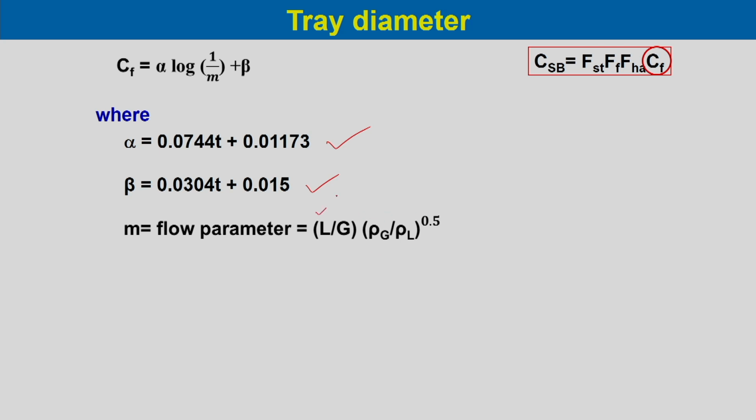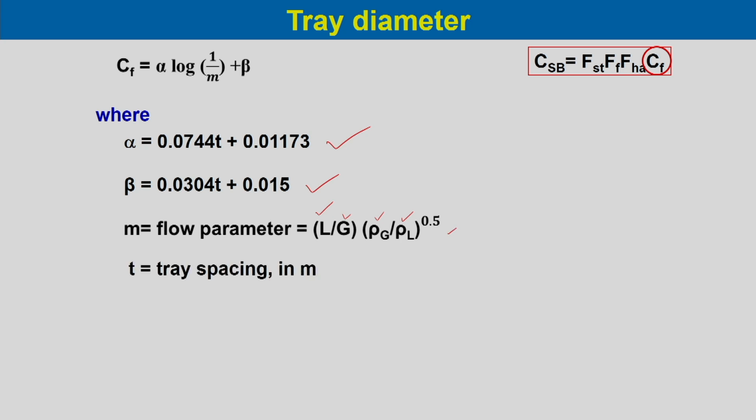L is the flow rate of the liquid, G is the gas flow rate, rho G is the density of the gas, and rho L is the density of the liquid. So, m is L by G into (rho G by rho L) to the power 0.5.